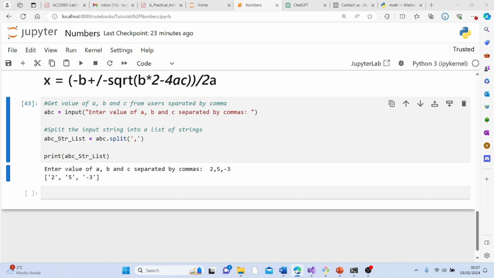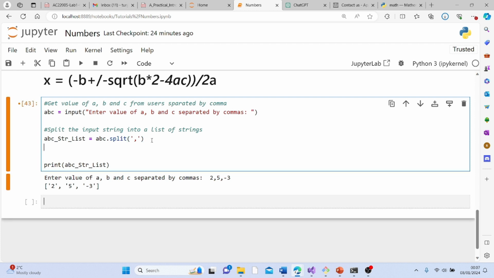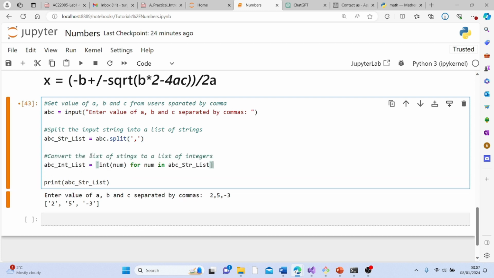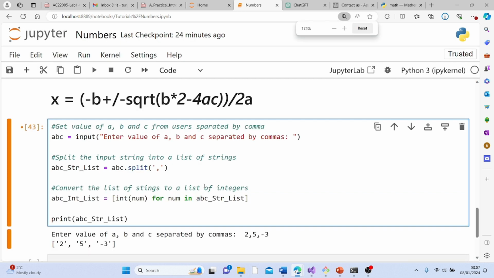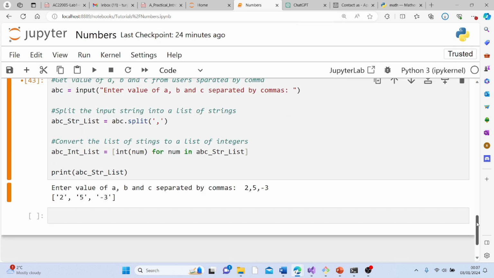Then I want to convert that list of strings to a list of integers. So I have the ABC integer list.